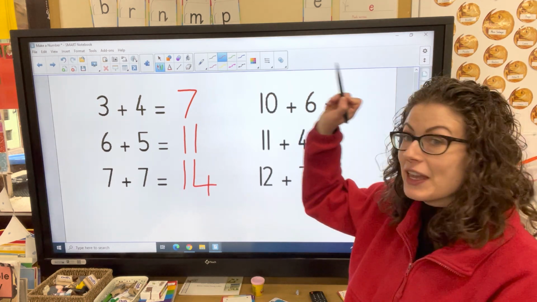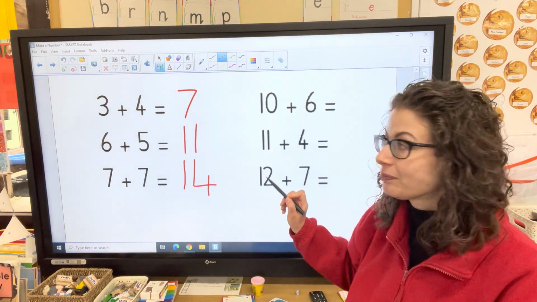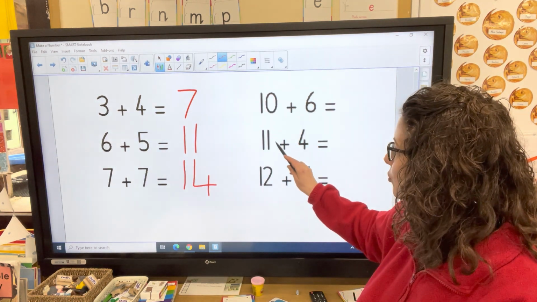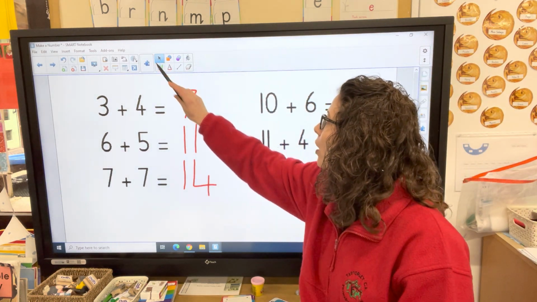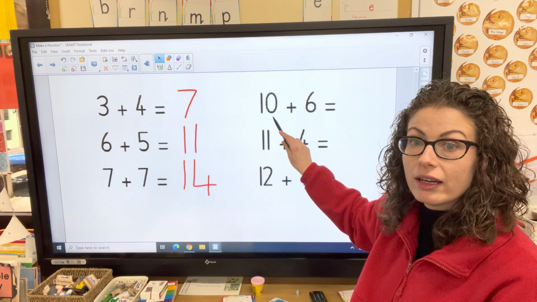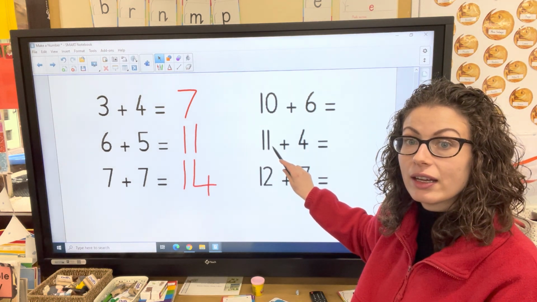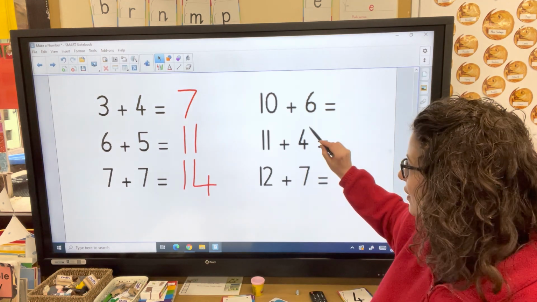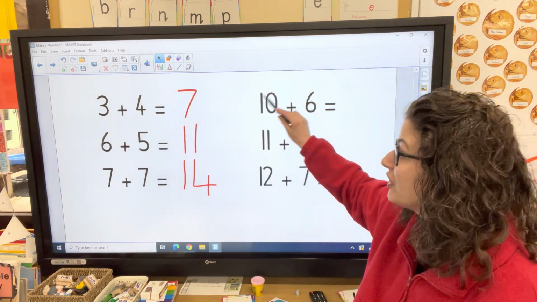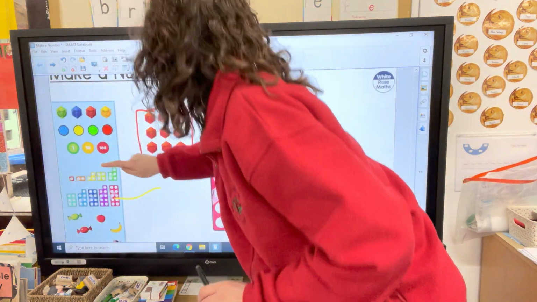So the next bit is a bit more tricky. So all of a sudden we've got some 2-digit numbers. So what's that number? What's that number? What's that number? So when we're using our Numicon this time, boys and girls, number 10 has a Numicon.